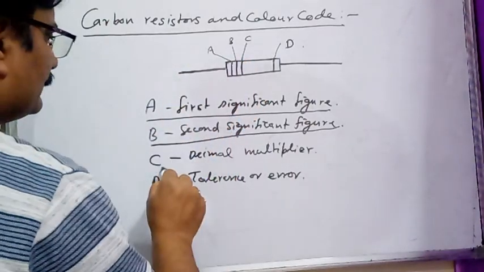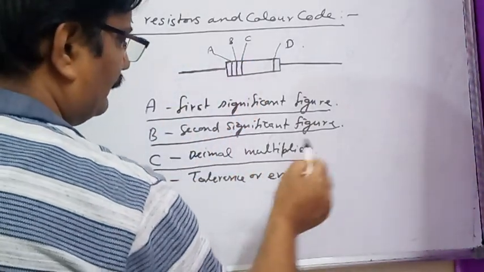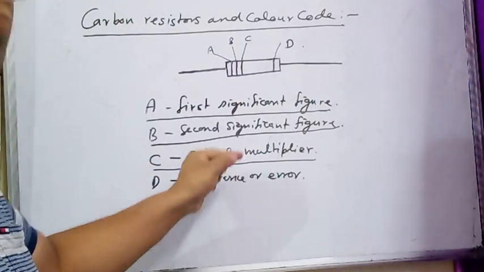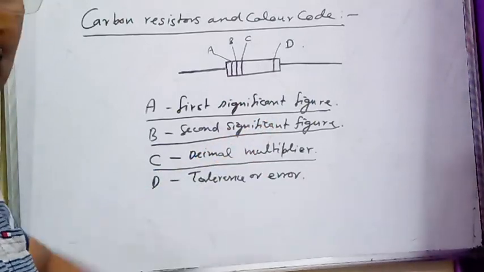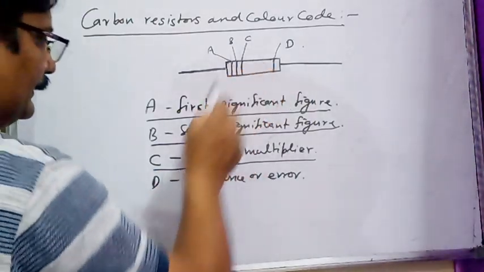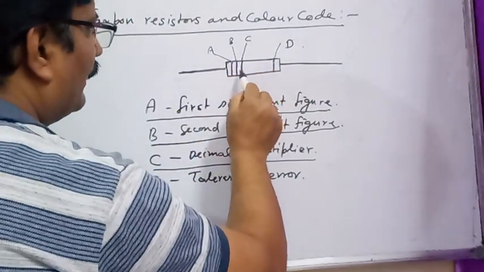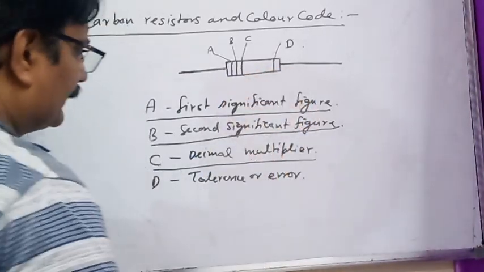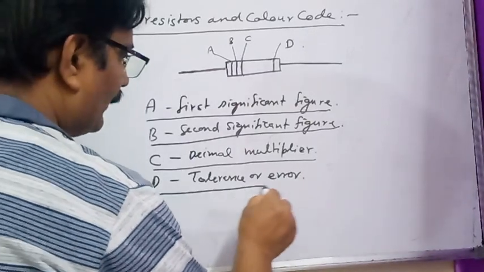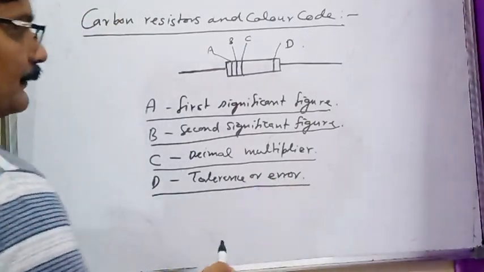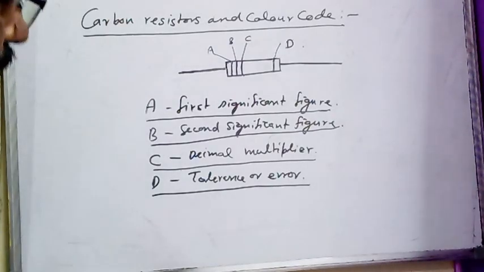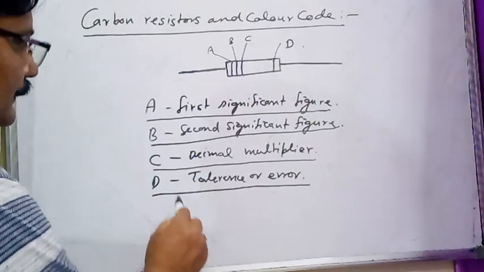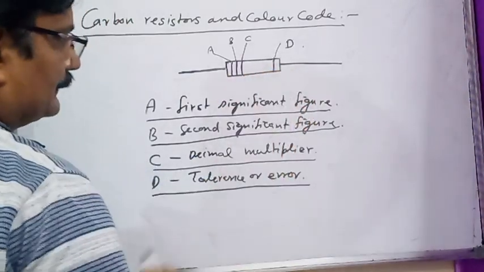Ring C is the decimal multiplier, or you can say ring C provides the power of 10 in the value of that resistance. And ring D is away from the first 3 rings and towards the other end of the carbon resistor. Ring D provides the tolerance level or error that can be possible in the value of the resistance. So ring D is providing the tolerance level.